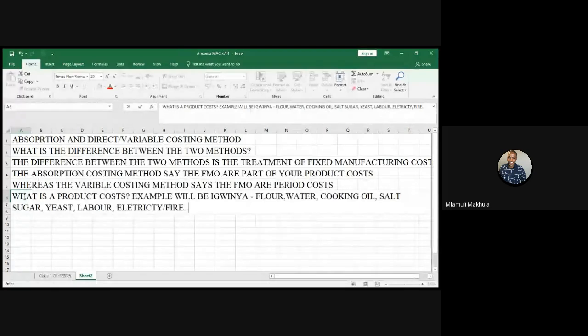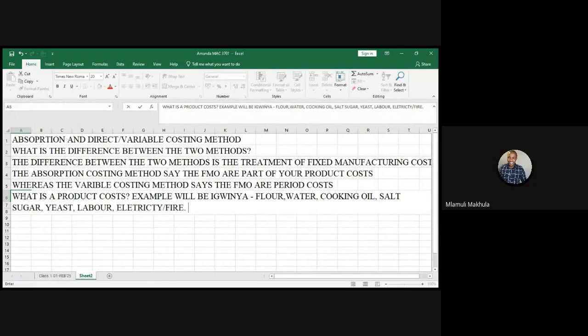Let's then look at those ingredients. Something interesting is that we can tell how much flour we used for one igwinya, maybe 1 tablespoon.